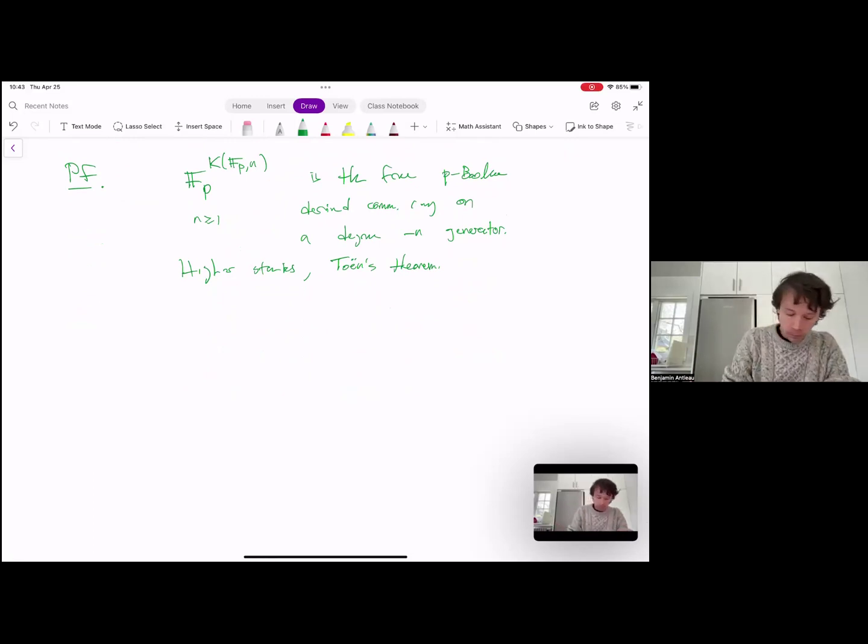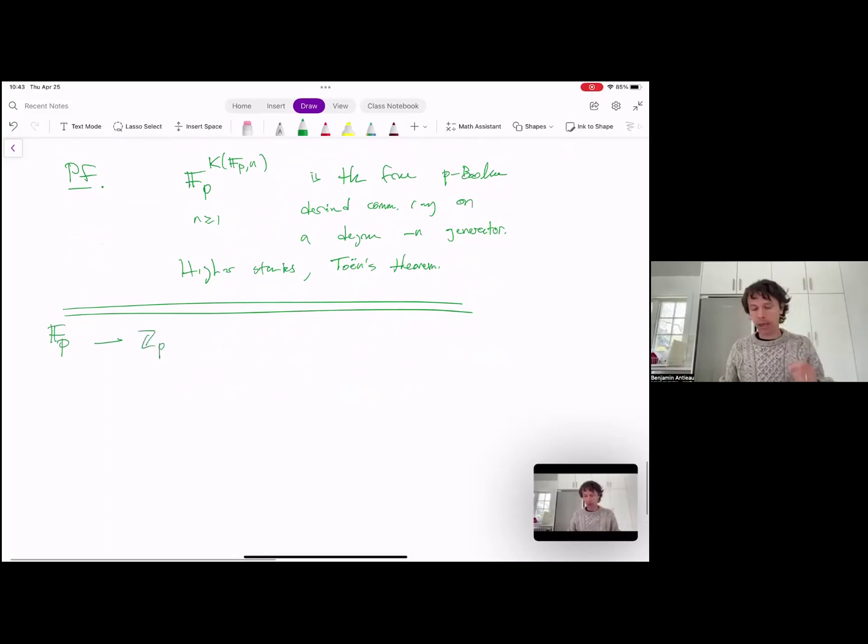So F_p to Z_p, let's say. I want to now do F_p coefficients to Z_p coefficients. And I'm just going to assume that you know what delta rings are. If not, then we can talk about that afterwards.